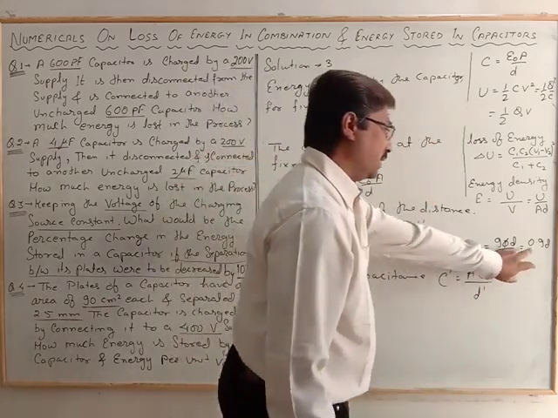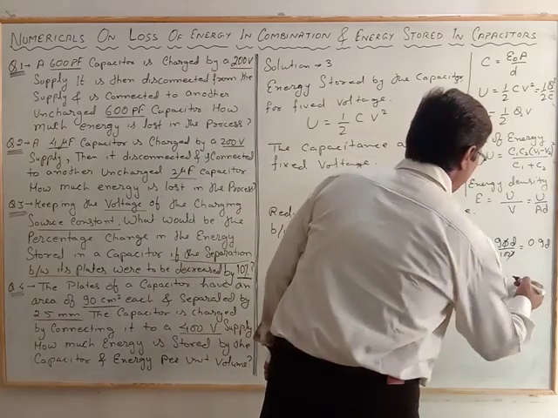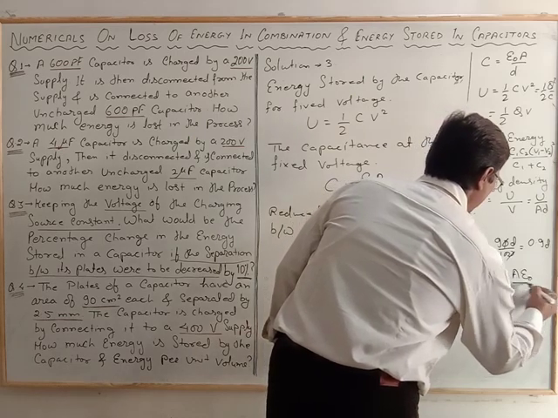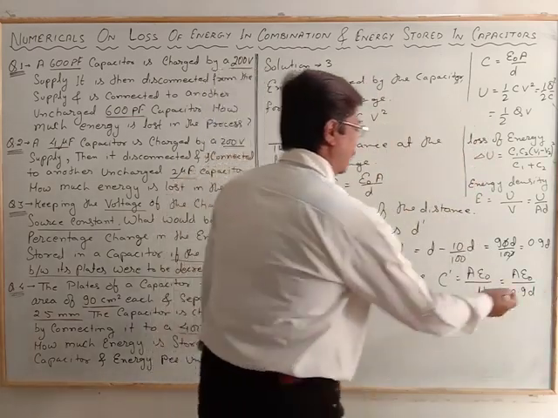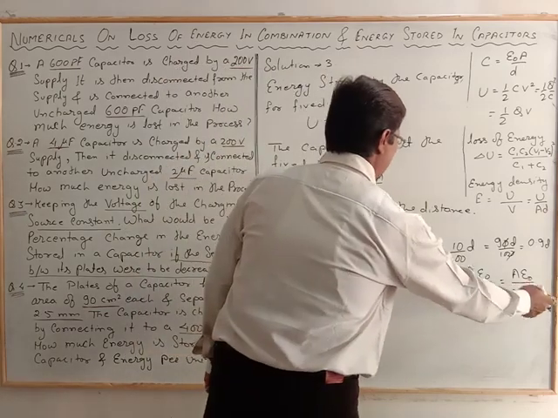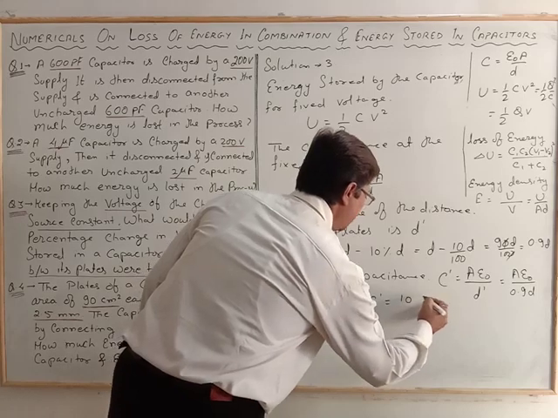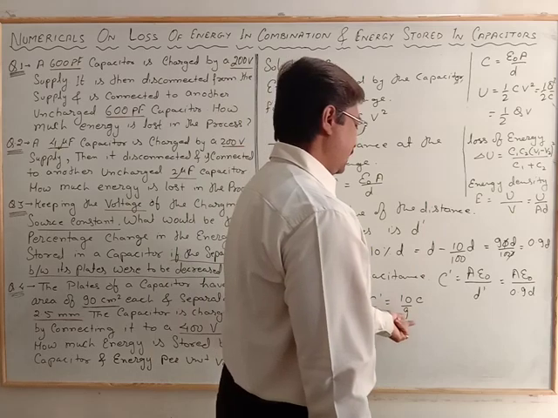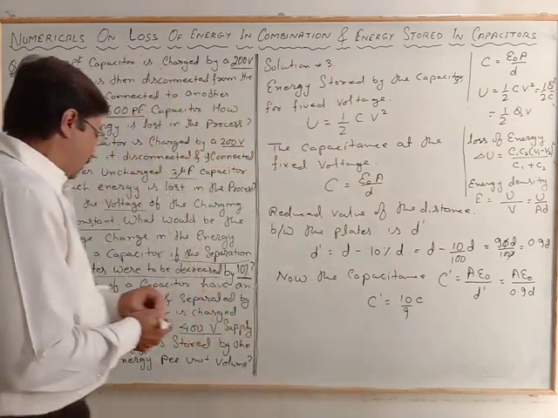Or you can write this in place of the D dash, that is A epsilon naught by 0.9 D, or that is 10 by 9, and in place of this is the C. So capacitance C dash is equal to 10 C by 9, or you may write it as C by 0.9, all the same.